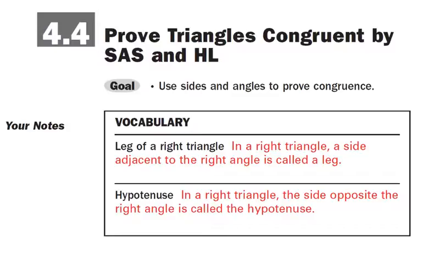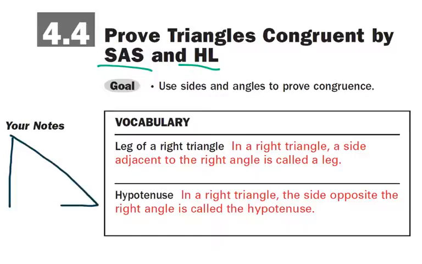So what we're going to do today is learn the side angle side and hypotenuse leg congruence theorems and postulates. So first of all, the vocabulary, which you should have learned in previous classes. When we have a right triangle, we name certain parts of the triangle different things.